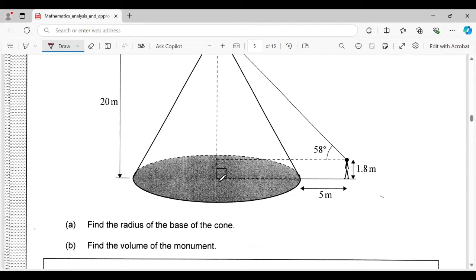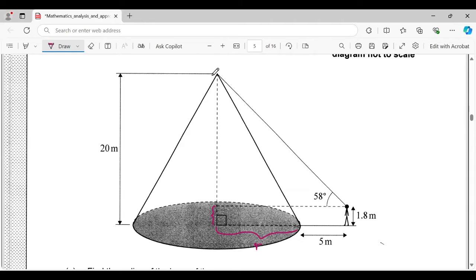Okay, so we are going to calculate this. This is the radius R. So it is 1.8. It means the height from this point is 18.2, because 20 minus 1.8 is 18.2.